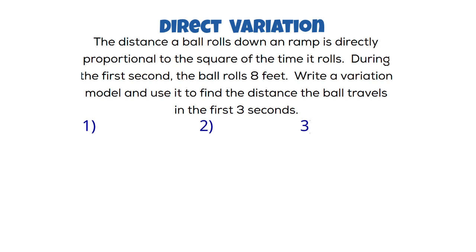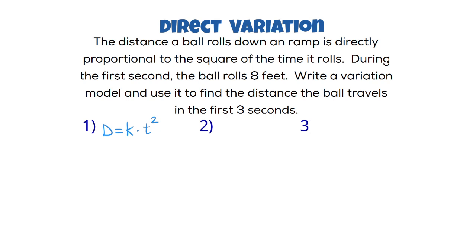It's direct variation, so I know that I'm going to have k times my x, but I have different variables here. So that's going to be k times the square of the time it rolls. That's a fancy way of saying the time squared, not square root, the square of the time.